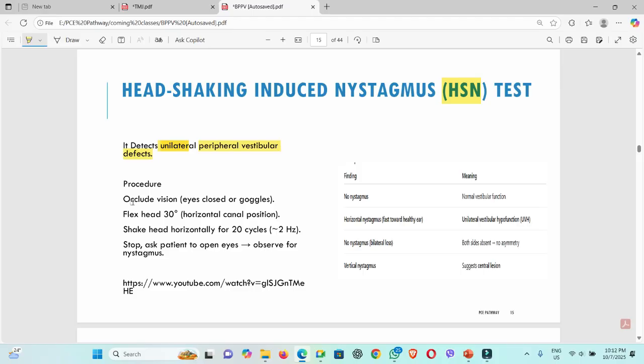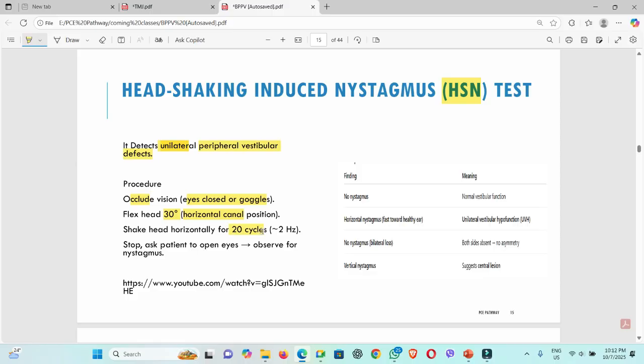Procedure: occlude vision, with eyes closed, or they can use goggles. Flex the head 30 degrees. We're checking the horizontal canal, that is the horizontal canal position. Flexing the head 30 degrees. Shake the head horizontally for 20 cycles.